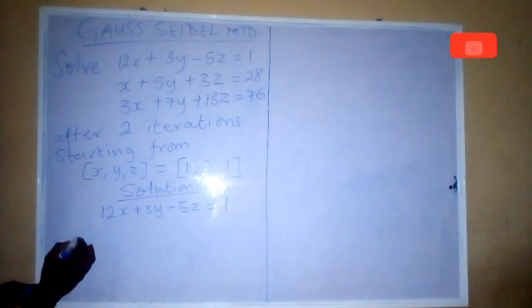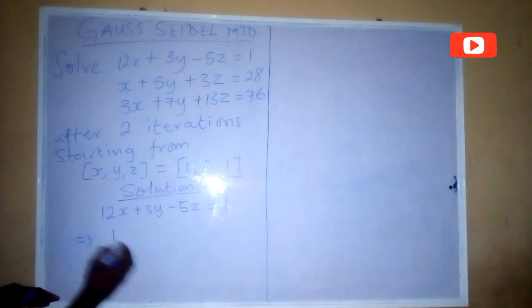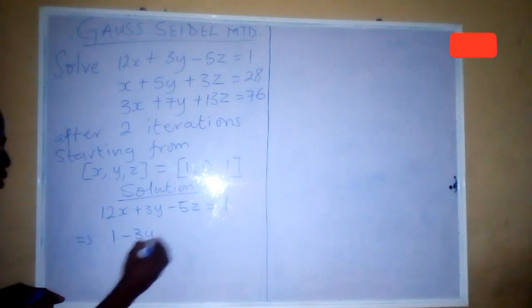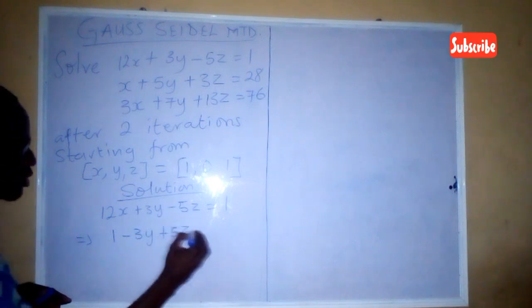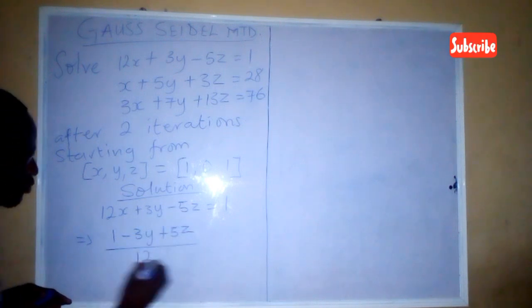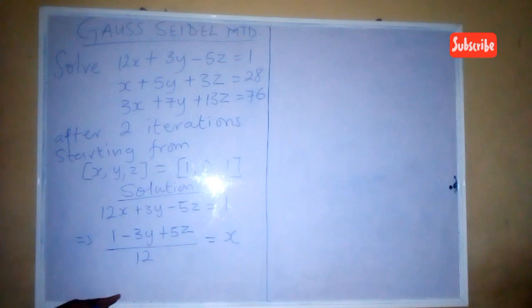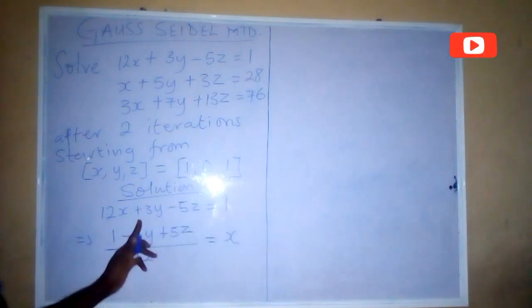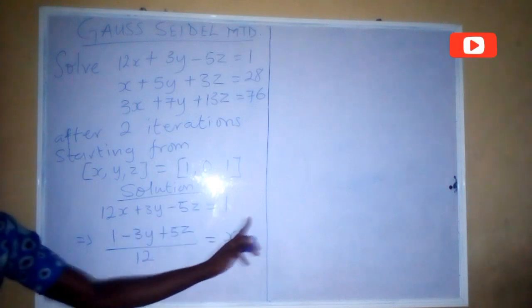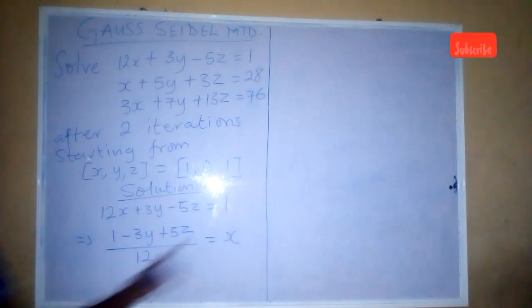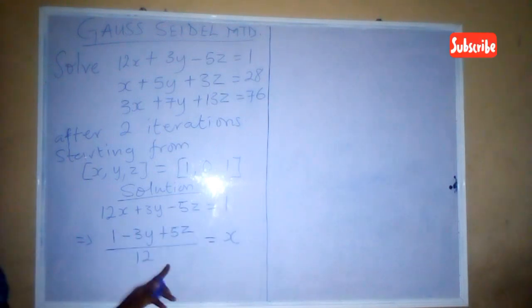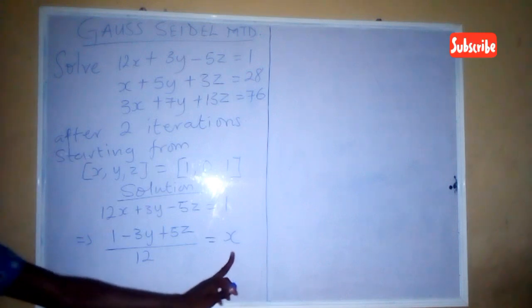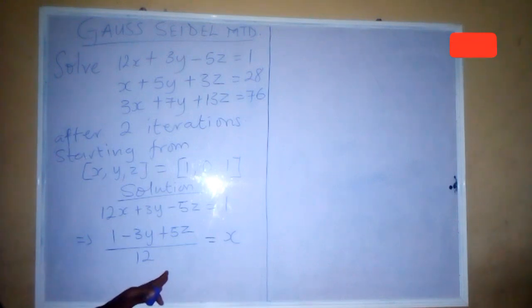So I'm going to have x equals 1 minus 3y plus 5z all over 12. Bringing these terms to the other side, the positive sign changes to negative, while the negative changes to positive. Then divide all through by 12. I have already made x the subject of the formula with the first equation.